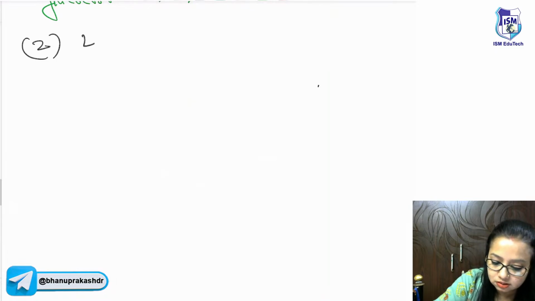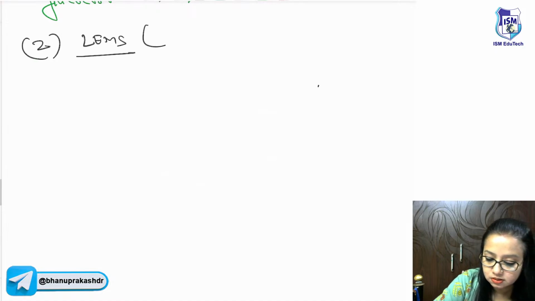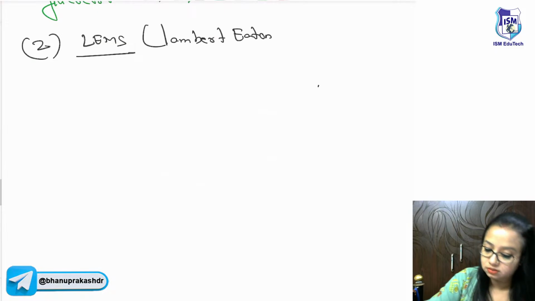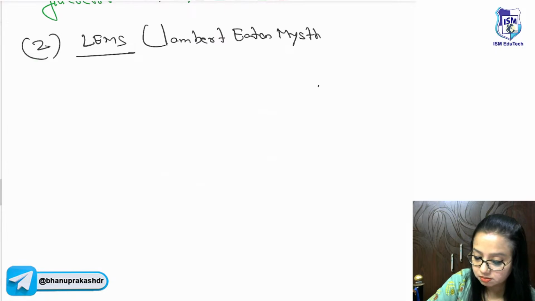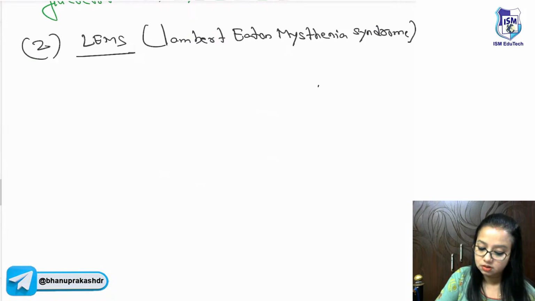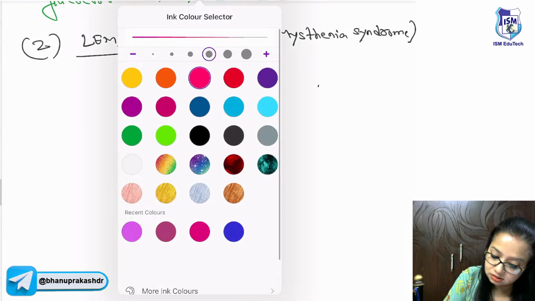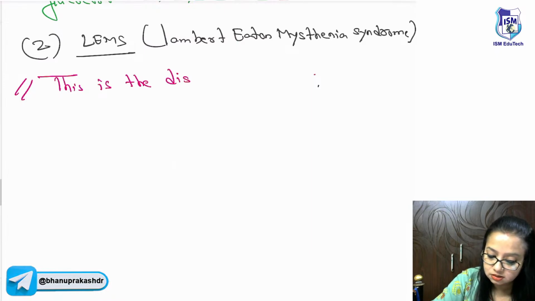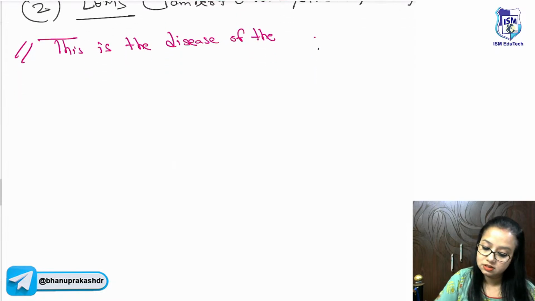The second disease of the neuromuscular junction is LEMS, Lambert-Eaton myasthenia.